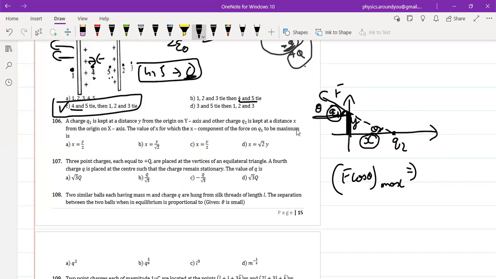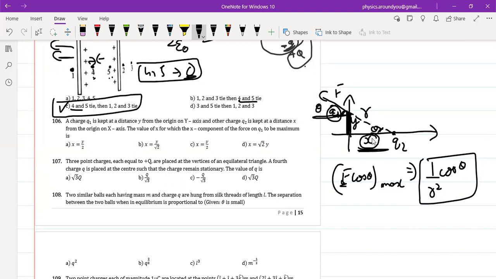Since the answer doesn't depend on Q1, Q2, and K, I won't go into that, but I'll just put the distance between Q1, Q2 as R. F is proportional to 1 by R square multiplied by cos theta. I basically want at what distance x is 1 by R square cos theta the maximum.